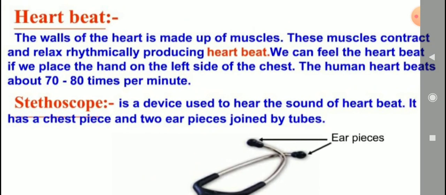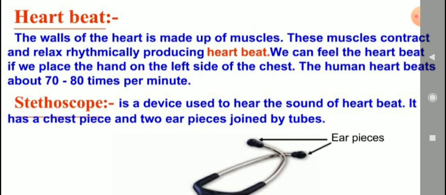See, heartbeat. The wall of the heart is made up of muscles. The muscles' contraction and relaxation, rhythmically, produce the heartbeat. We can feel the heartbeat when we place the hand on the left side of the chest. The human heart beats about, underline the word, 70 to 80 times per minute. Then, stethoscope.